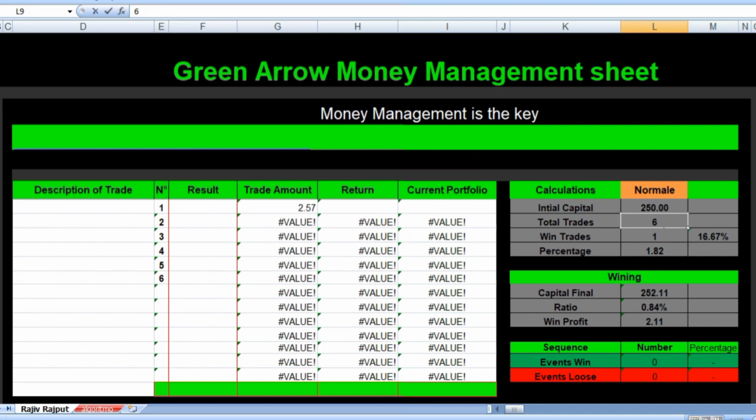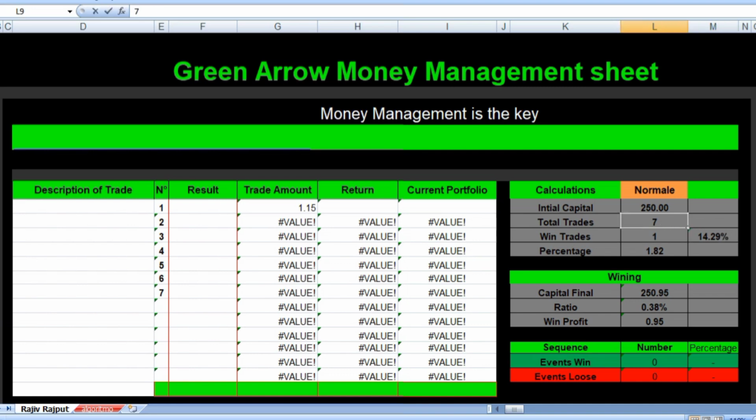So let me show you. According to the 6:1 martingale ratio, you need 16.67% minimum accuracy level, and I think it's easy. And let's suppose if you have 7:1, then you just need 14.29% accuracy level.